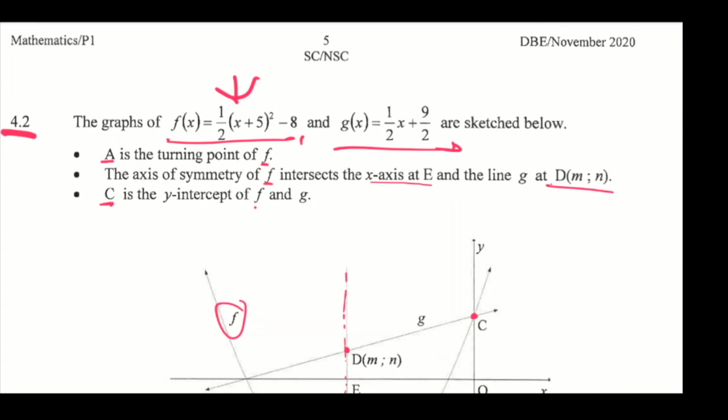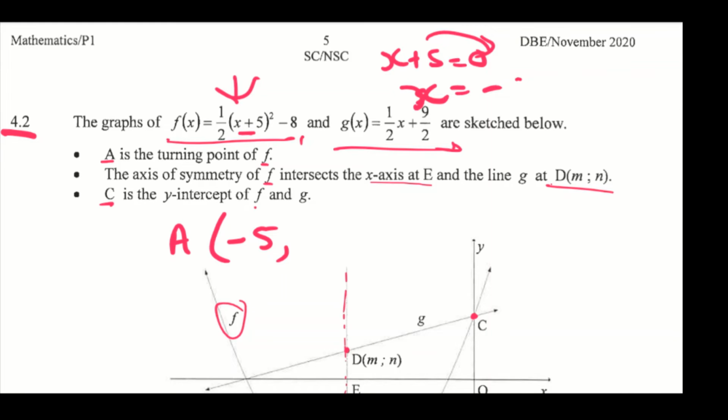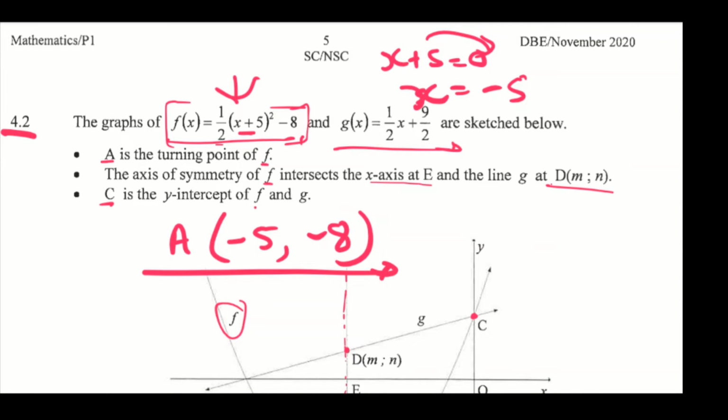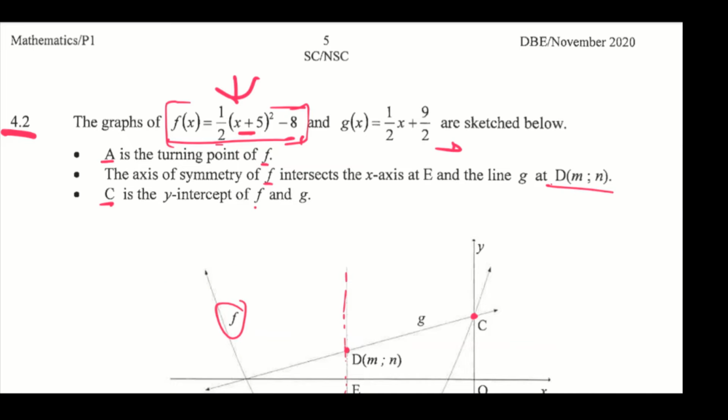To find the coordinates of A, because we're writing them down, it's going to be minus 5, because here we have x plus 5. x plus 5 equals 0, so you transpose the 5 to the other side, we have x equal to minus 5. So it's going to be minus 5 and minus 8. So this is the turning point of the graph of f. Hence the turning point is actually the A value. So now we're done answering this question.